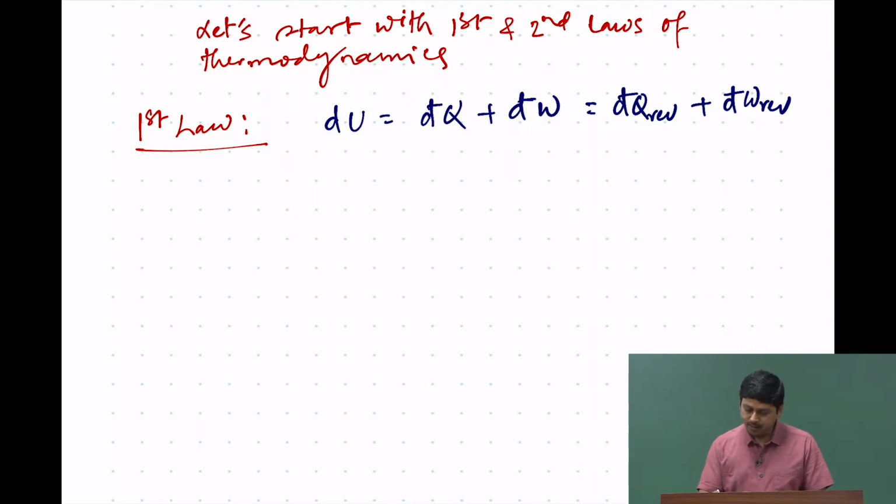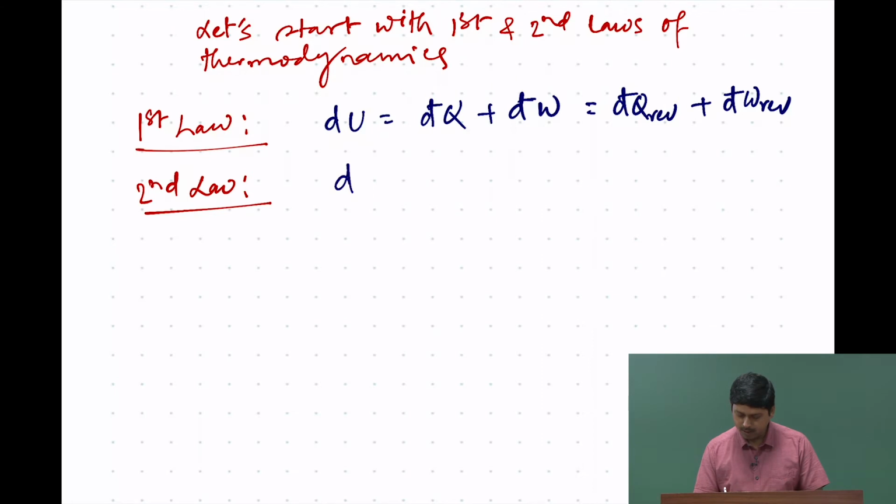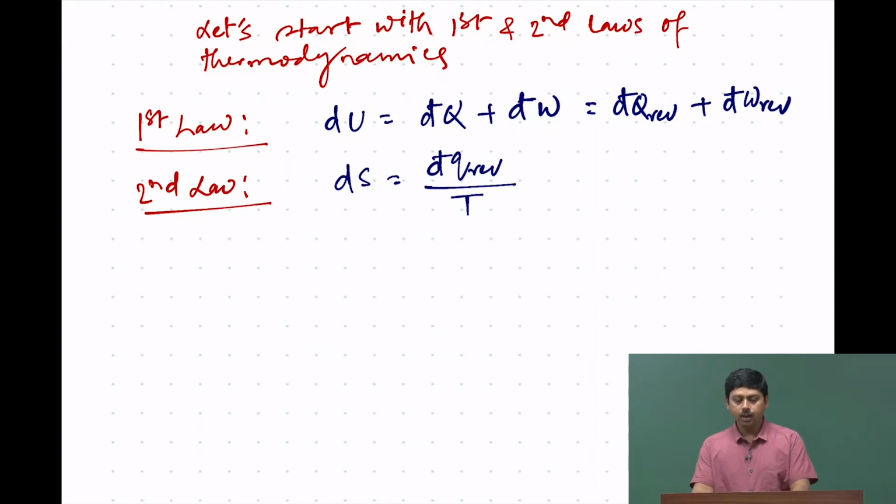What does the second law say? The second law says that dS is dq reversible by T. T is the temperature of the system, and dq reversible is the reversible change in the heat. Remember that often we have found that dq is 0, but dq reversible is not 0 for some systems.